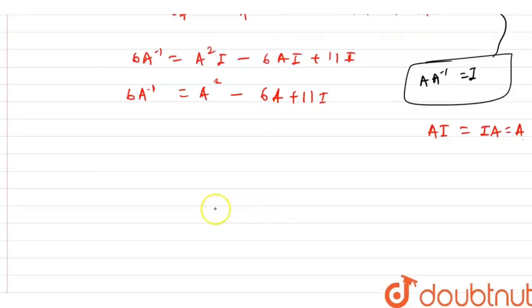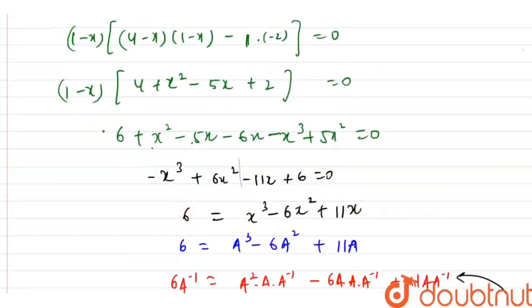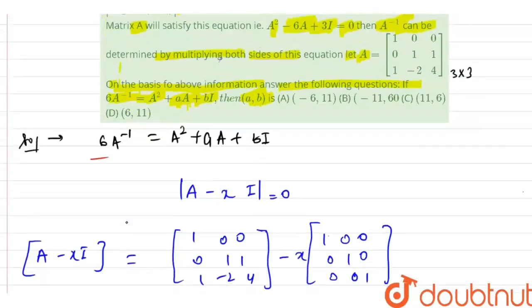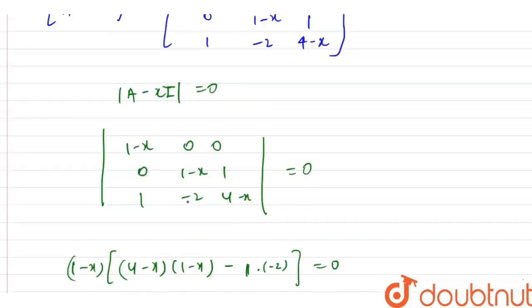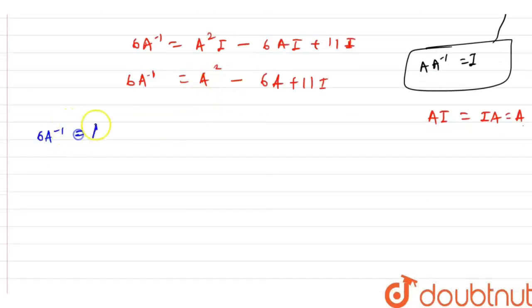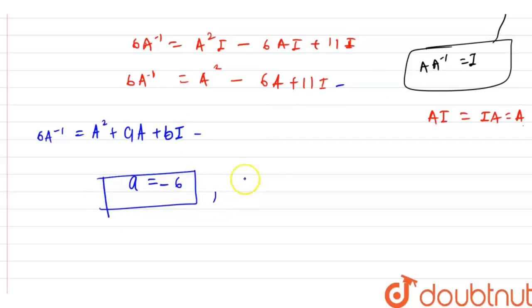Now from here I'm going to compare with my given equation, which is 6A inverse equals, here we can see, A square plus A into A plus B into I. Okay, I'm writing here equals A square plus A into A plus B into I. Okay, so on comparing this with this, I will get my A equals minus 6 and my B equals 11. Okay, so let's check the options.